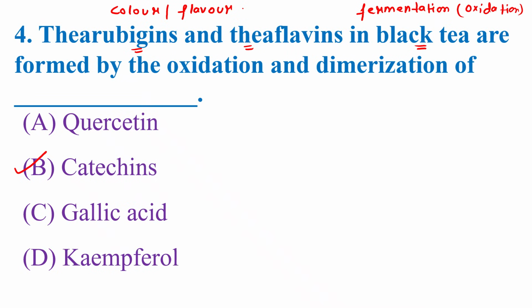Now this catechin, which is a natural polyphenol which is present in the black tea, it will react with the oxygen. Hence now this oxidized catechin, it will combine to form these thearubigins and theaflavins.